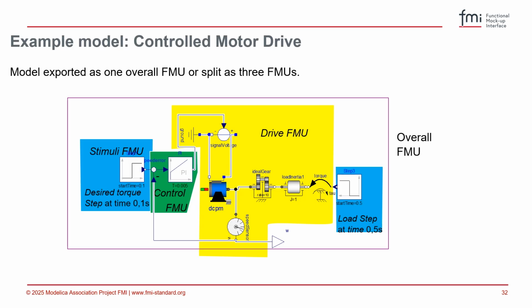And then we have the controller, this PI controller, and we can group the stimuli that come to the model also in one FMU. So we can export this as 3 different FMUs, and then we can import them into the importing tool and simulate them.